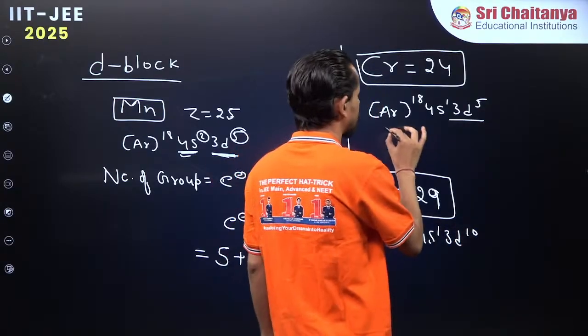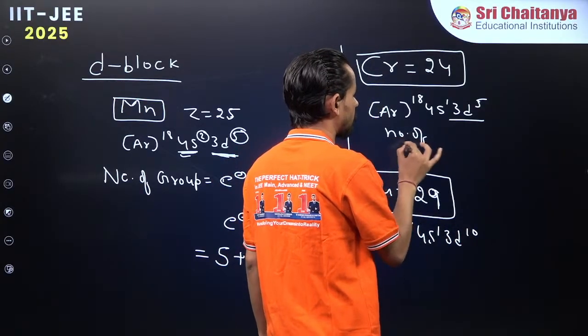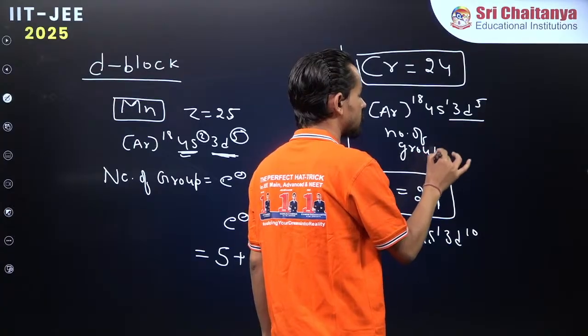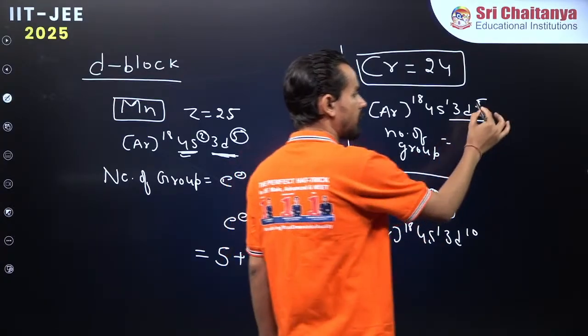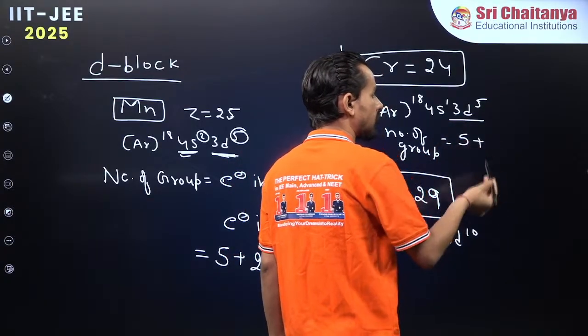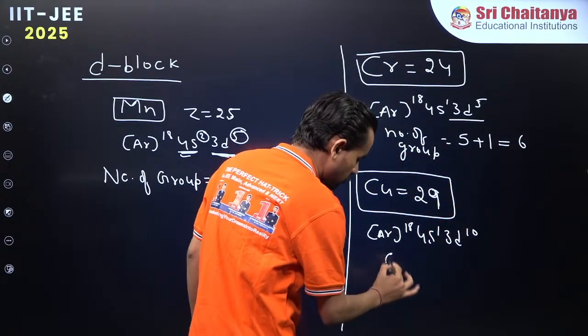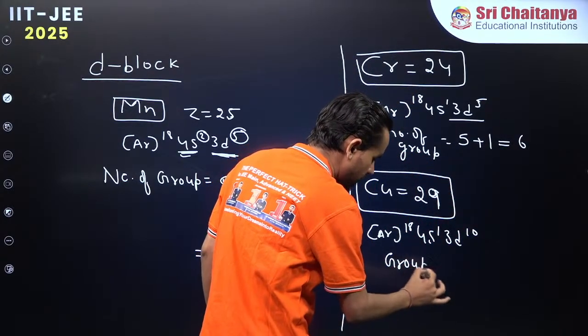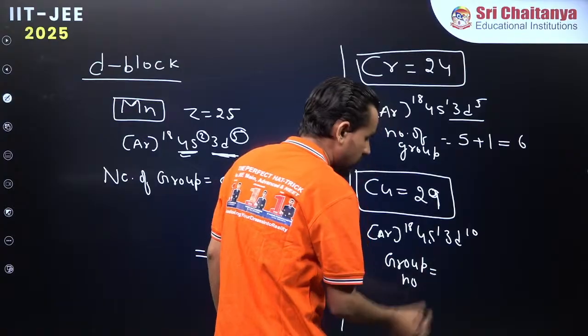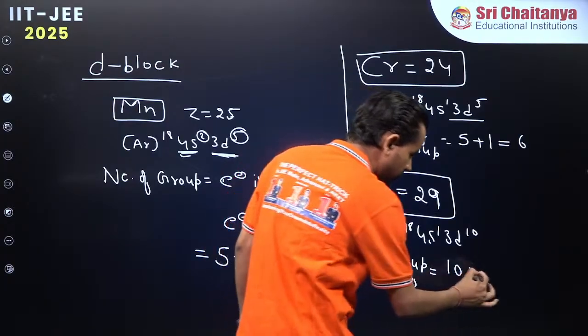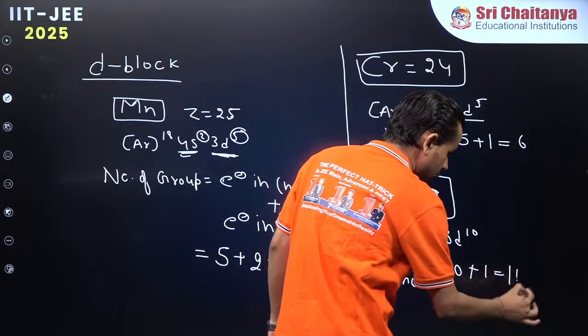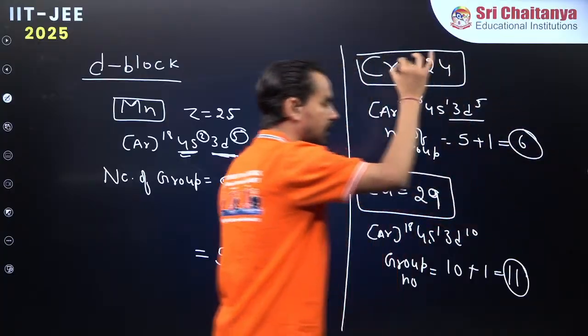The group number for chromium is electrons in n minus 1 d, that is 5, plus electrons in ns 1, that is 6. Here also, the group number is electrons in n minus 1 d, 10, plus electrons in ns 1, that is 11. Here 6 and here 11.